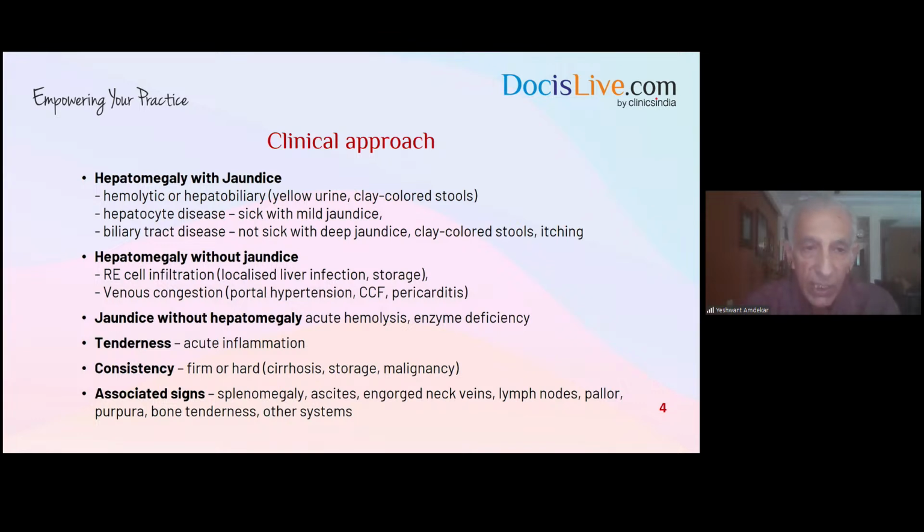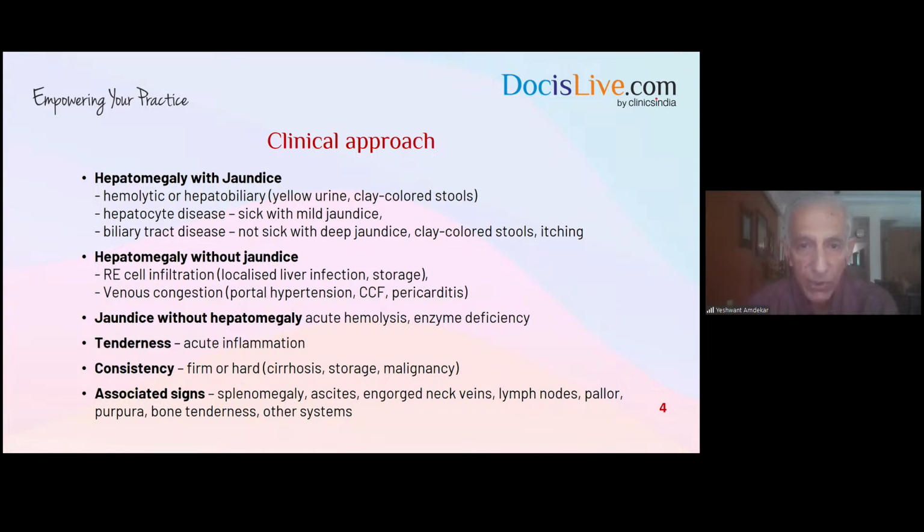Hence, friends, it's important in every jaundice to find out whether the jaundice has started in hepatocytes or has started in a biliary tract. And how do you do that? A biliary tract disease is generally a very severe jaundice, often with clay colored stools and itching as a prominent clinical symptom.